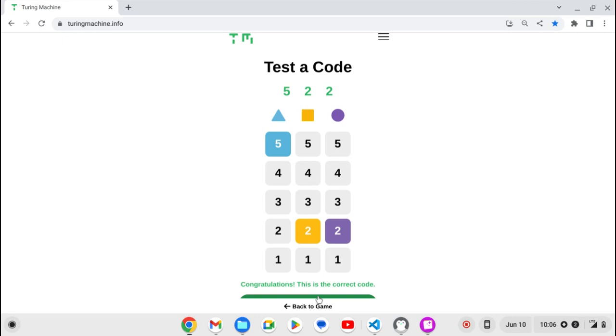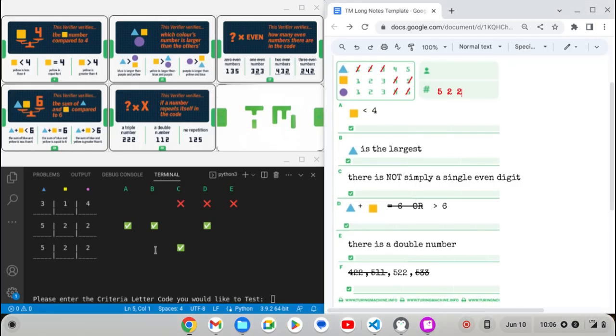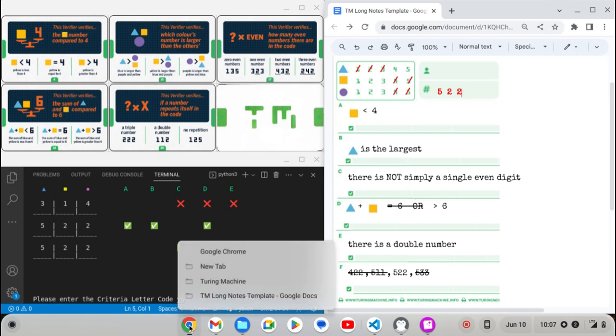But now the true test is, did we beat the Turing machine? Let's go back and see, what did I test? I tested CDE in the first round, and they were all incorrect. And then I did ABD, and they were all correct. And then a single C. So let's see if I can memorize all that.